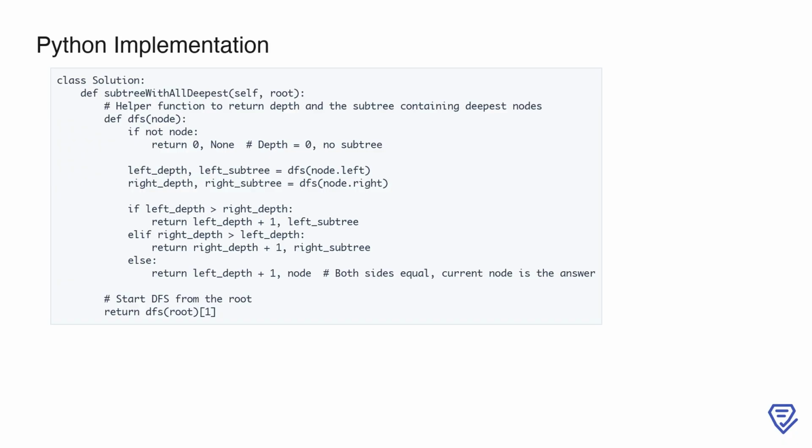If both subtrees have the same depth, the current node is the root of the smallest subtree containing all the deepest nodes. Finally, the DFS function is invoked on the root node, and the subtree, second value in the tuple, is returned as the result. This approach ensures that the solution is both efficient and concise, with a time complexity of O(n), where n is the number of nodes in the tree, as each node is visited exactly once during the DFS traversal.